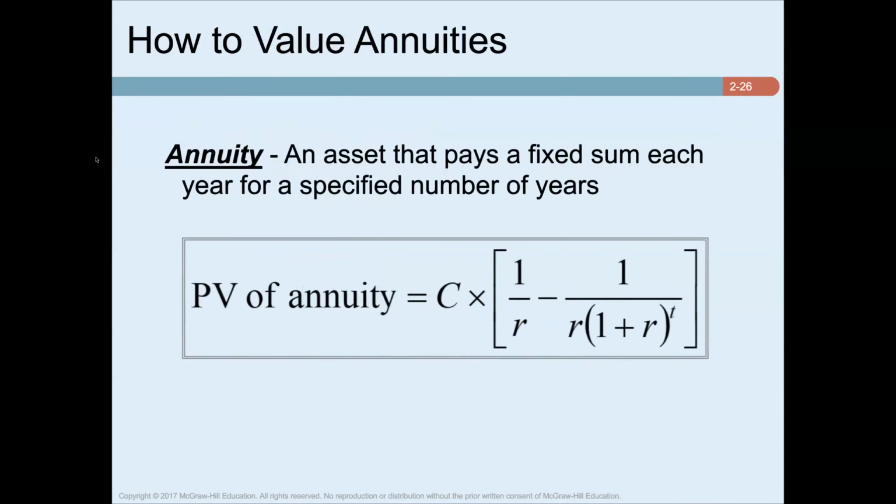So for annuity, we use the concept we just talked about. Annuity is the cash flow times 1 over R minus 1 over R times 1 plus R to the power of T. What does that mean? Annuity is where we get money for a certain number of years.